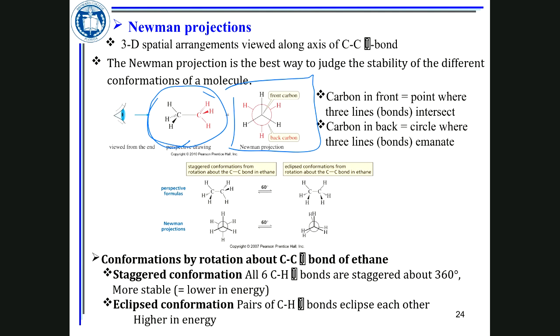So basically you draw one circle, not a perfect one, that shows the hydrogens that are in your view, and then the other carbon is hidden behind. So you only draw one circle showing the first carbon.